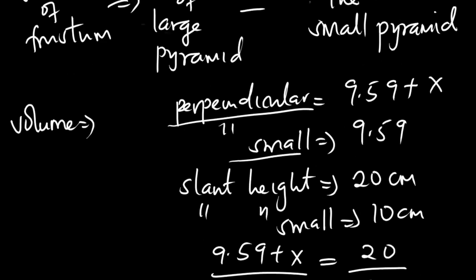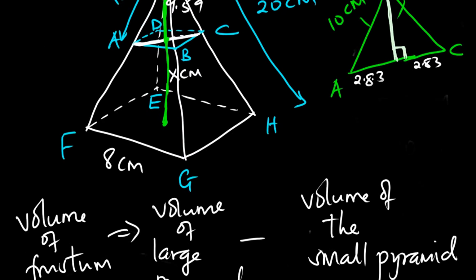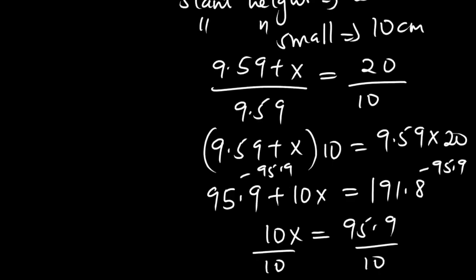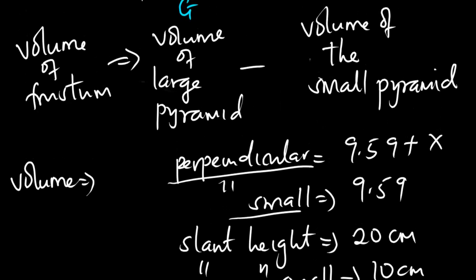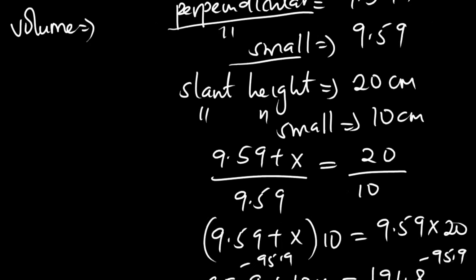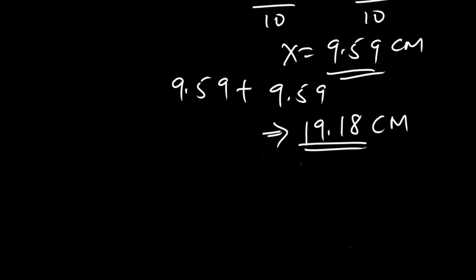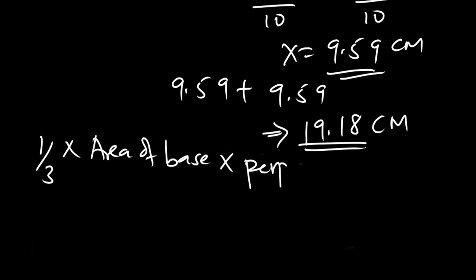So we now have the perpendicular height of the large pyramid. What we are now left with is the volume. To find the volume of the big pyramid, we need to use the formula: a third multiplied by the area of the base, times the perpendicular height.